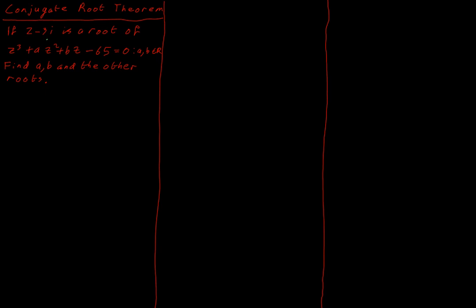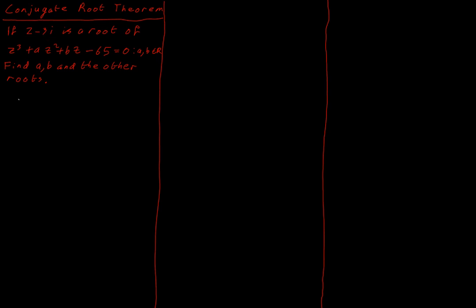If it was a third complex root, it would have to have its conjugate, and I'd end up with 4 roots. So a cubic is going to have 3 roots. I know that one of them is complex, so I'm going to get a pair of complex roots and one real root. So let's jump into this and see what we get.